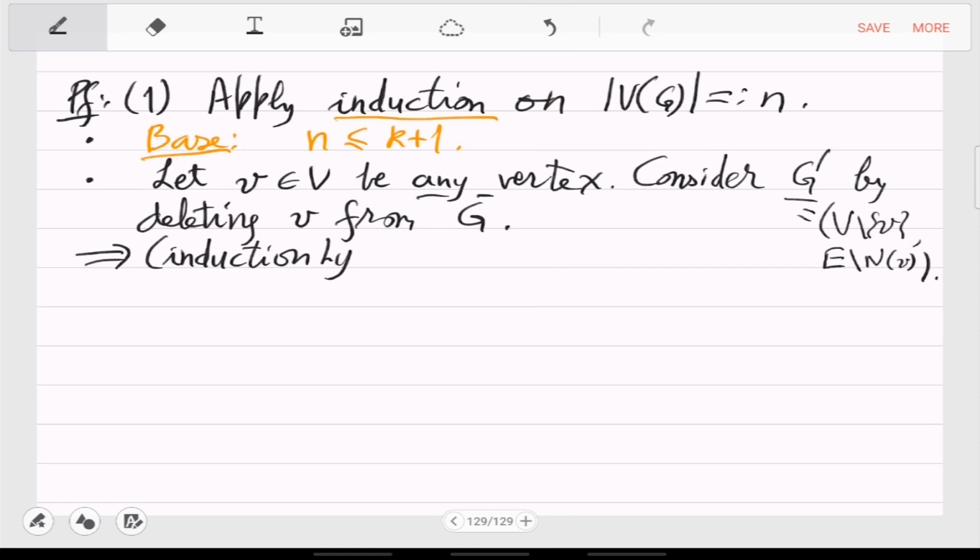So by induction hypothesis, you get that chi of G prime is less than or equal to k plus 1. But you wanted to study chi of G. How do you show that?